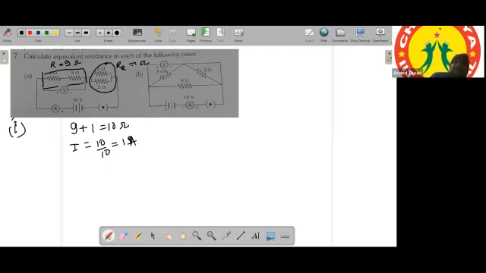Okay, anyone got the answer for this? Yes, anyone? You can redraw the circuit if you want.